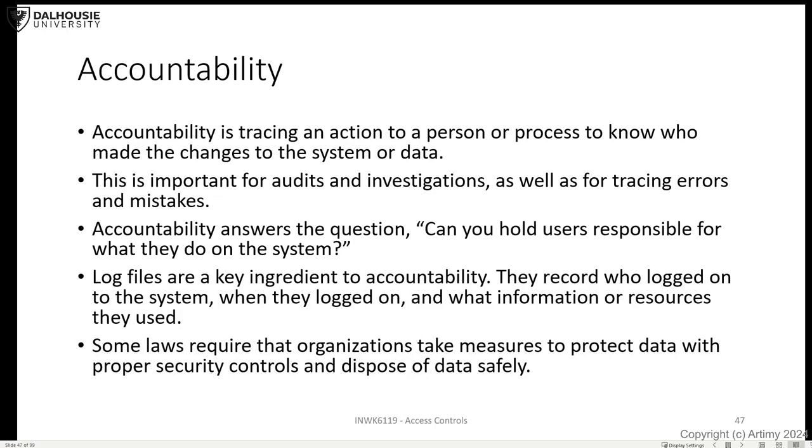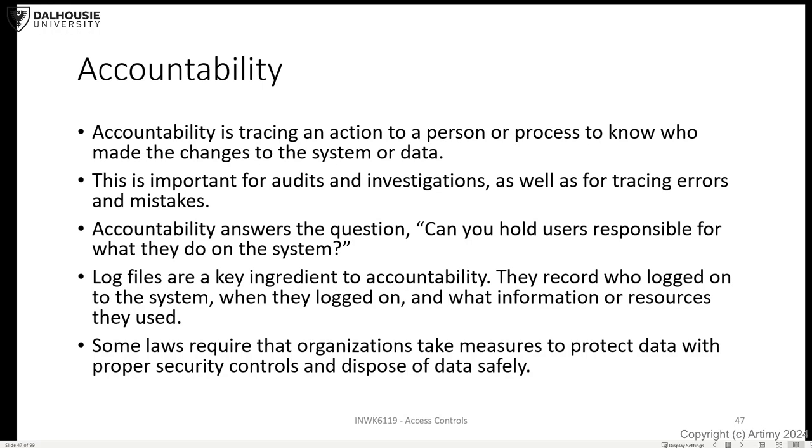All right, if you still remember, we talked about 4 parts in access controls. The first is authorization, the second is identification, the third is authentication, and the fourth part is accountability. Accountability refers to the ability to trace the user's actions, right?